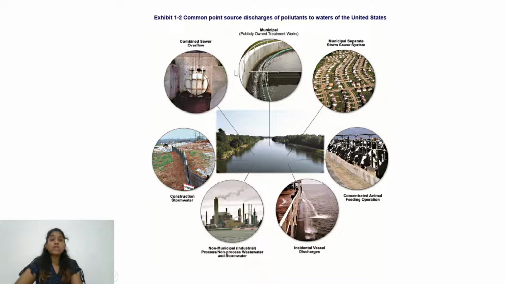So if wastewater comes to a particular region, we'll be able to identify, okay, this comes from this city. This is only for liquid waste, we'll be able to identify this.